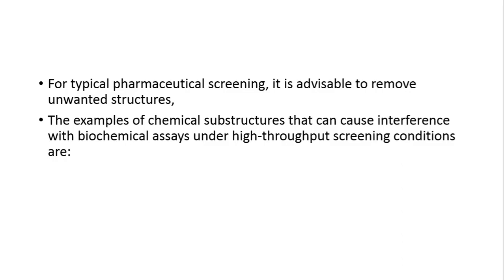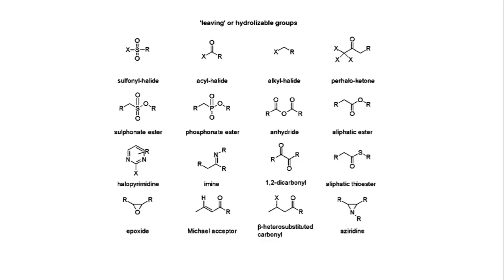So all of the compounds which have certain functional groups which we have termed unwanted structures are needed to be removed. Okay, so the examples of such chemical substructures that can cause interference with biochemical assays that are supposed to be performed under high throughput screening conditions essentially include all these compounds.